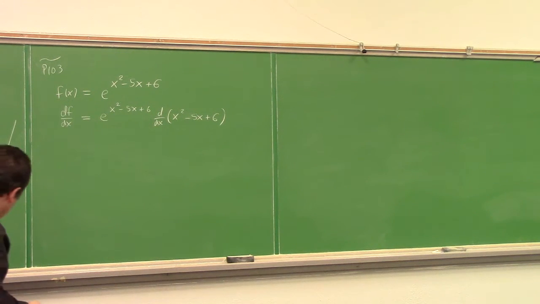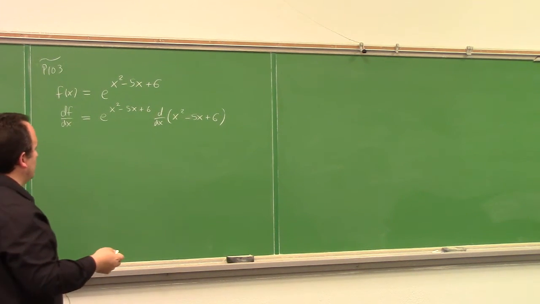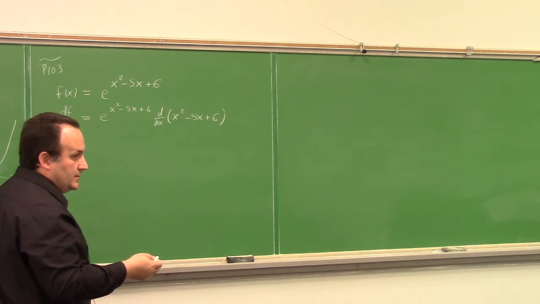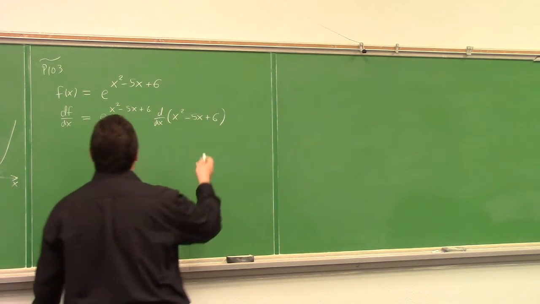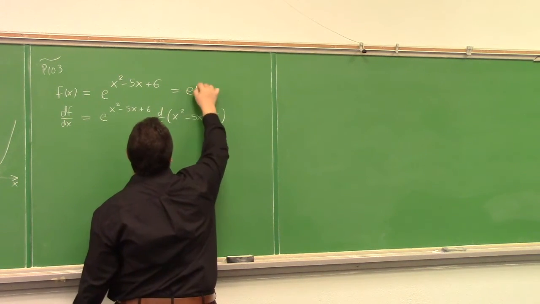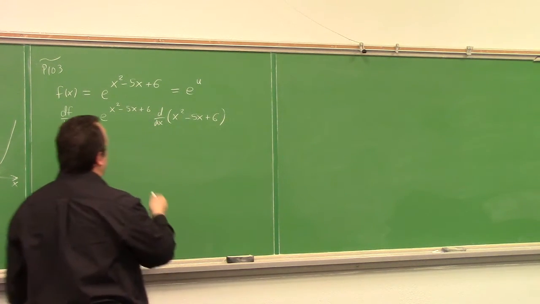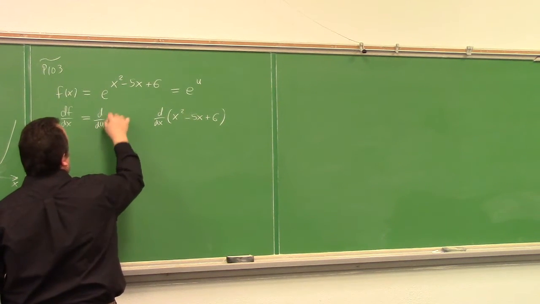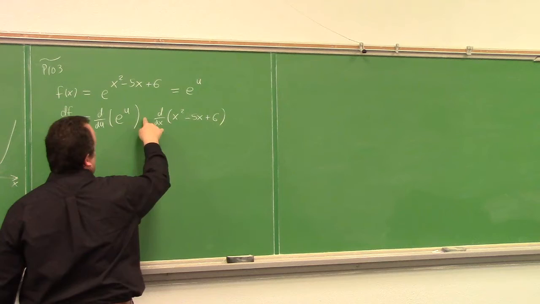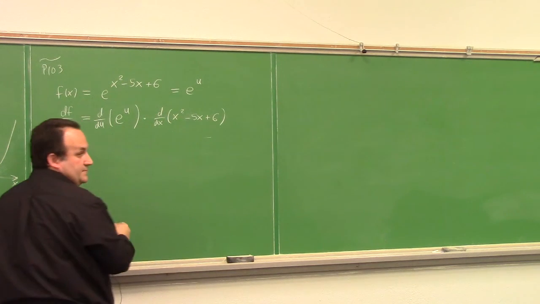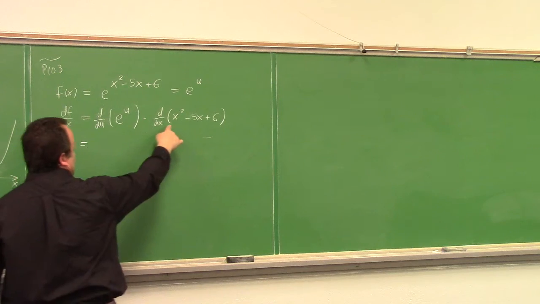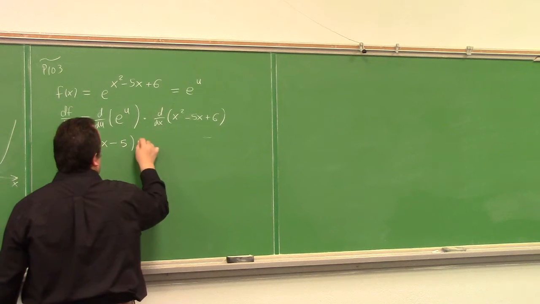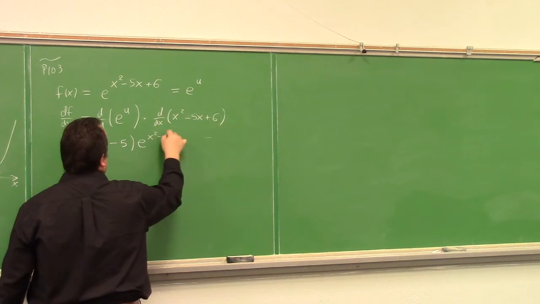If I think of this as being like e to the u, the chain rule says we have d/du of e to the u times the derivative of u again. So this differentiates to 2x minus 5, times e to the u, which is e to the x squared minus 5x plus 6.